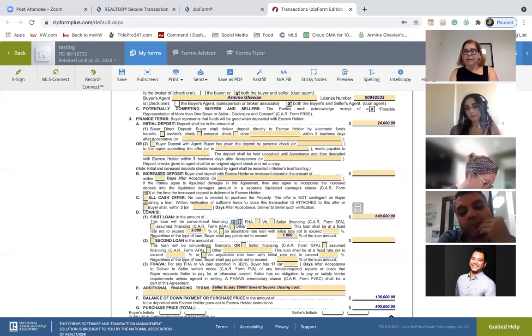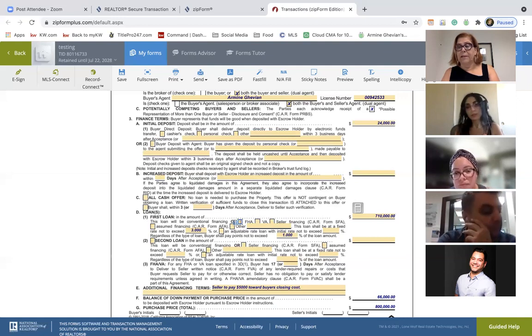This is 80%. What about if it was a 10% down payment? What would be the amount here? I'm saying if it was a 10% down on an $800,000 loan, how much is the loan? 800 minus 80.